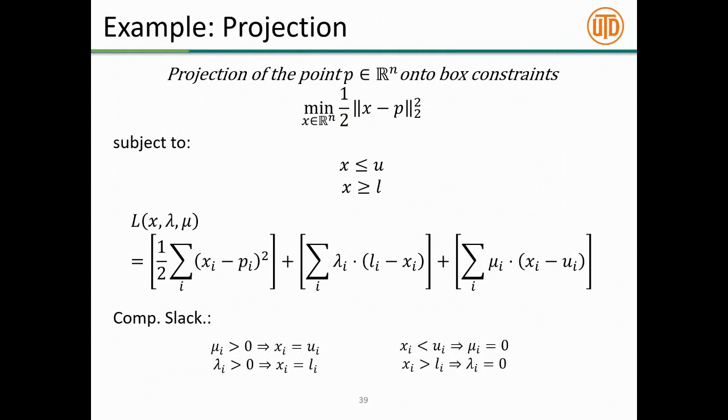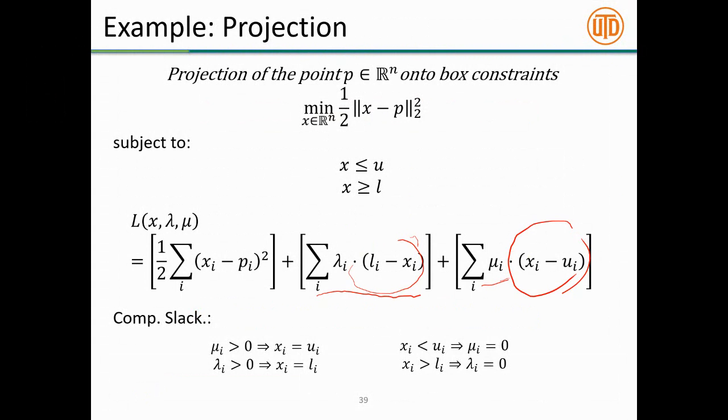We saw this example last time of projecting a point P onto a set of box constraints. Here the only constraints are inequality constraints. When we formulate the Lagrangian for this problem, we have a sum of Lagrange multipliers times our lower bound constraints, plus a sum of Lagrange multipliers times our upper bound constraints.